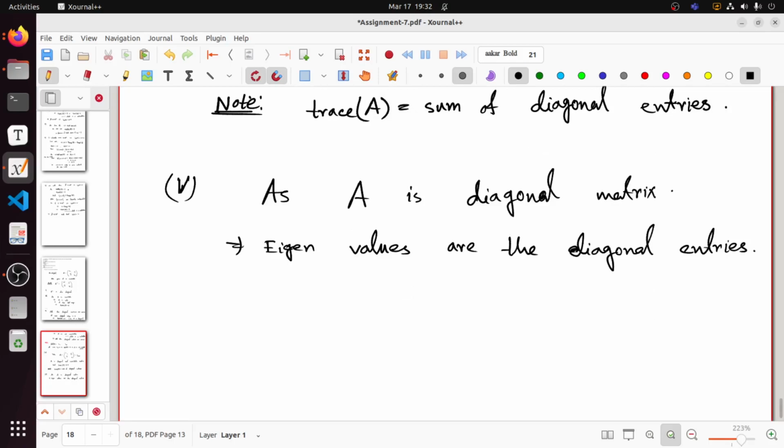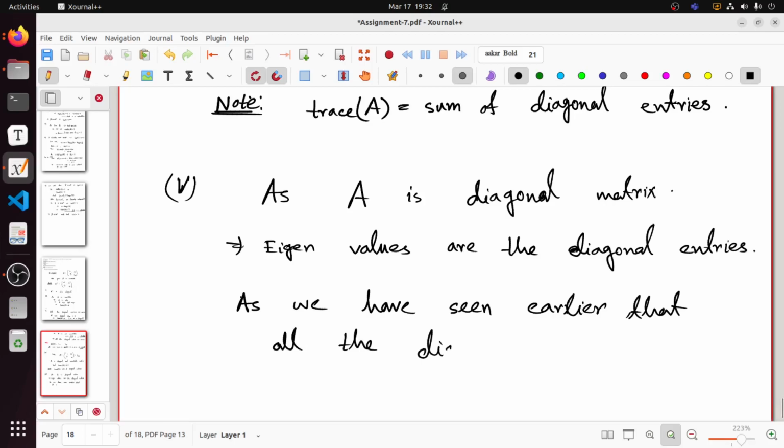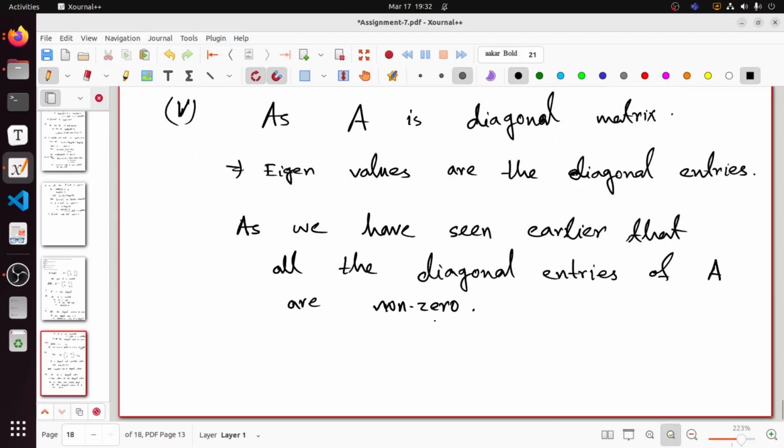And as we have seen earlier, all the diagonal entries of A are non-zero, right? So which implies that all the eigenvalues of A are non-zero.